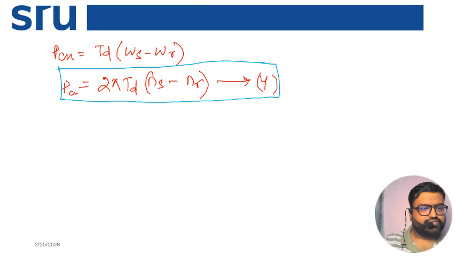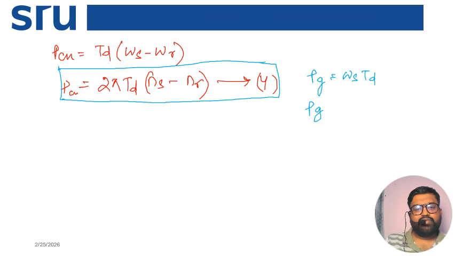Number 4. Now the point, if you see, I will derive a relation of copper loss and input power. This is the power, and in equation 2 we derived Pg equal to omega s into Tt, and we can simplify this one in the form of Pg equal to 2 pi Ns into Tt, right?